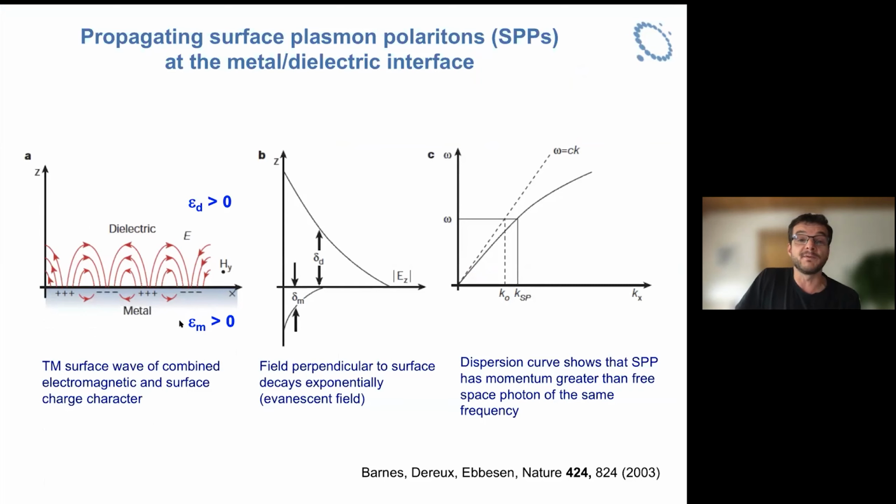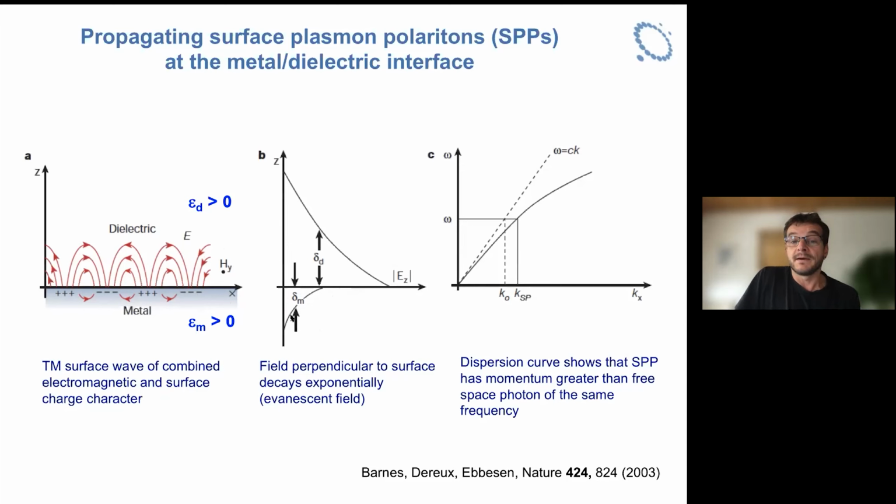A surface plasmon polariton is an electromagnetic wave that propagates along the interface between a metal and a dielectric. Important is that on the one side we have a permittivity that is smaller than 0, and a dielectric where the permittivity is larger than 0. So these are guided modes that propagate along the interface and are confined in the vertical direction, so they are waveguide modes.